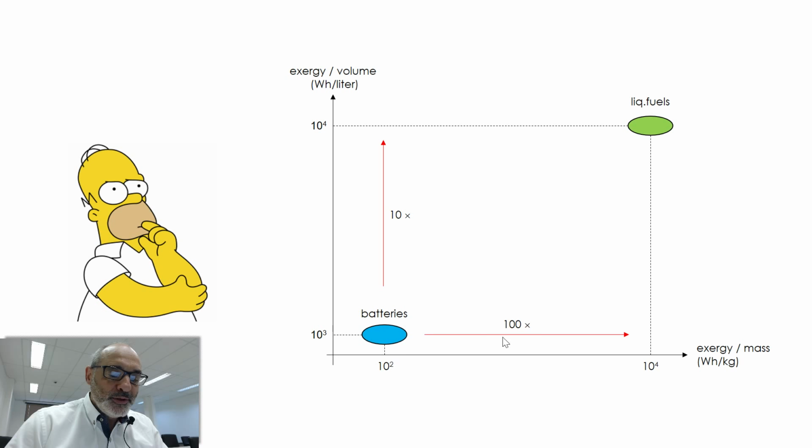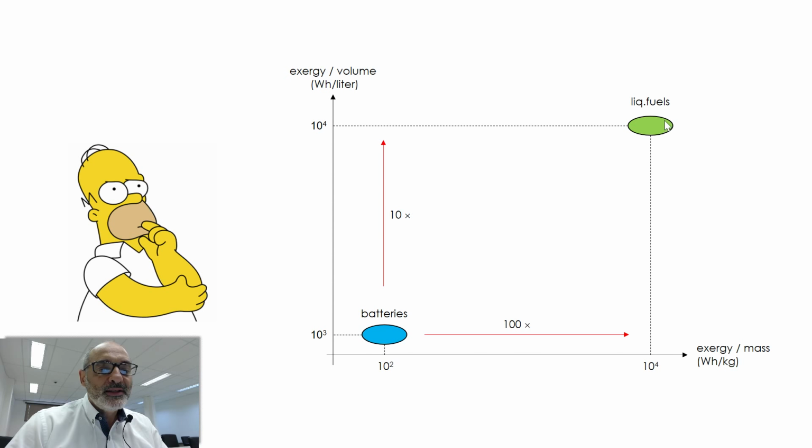So liquid fuels can do 100 times better than batteries in terms of how light they are. I'm talking about liquid fuels, not gaseous fuels. And liquid fuels can do 10 times better than batteries when volume is taken into account.